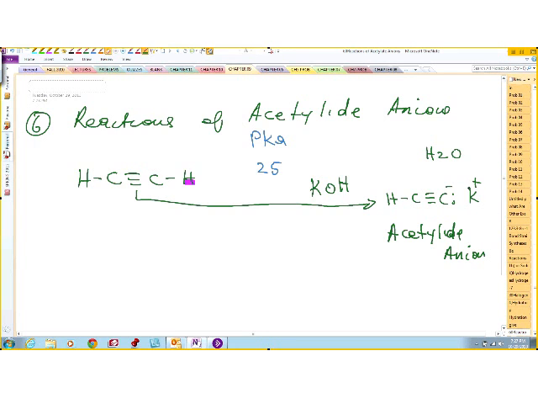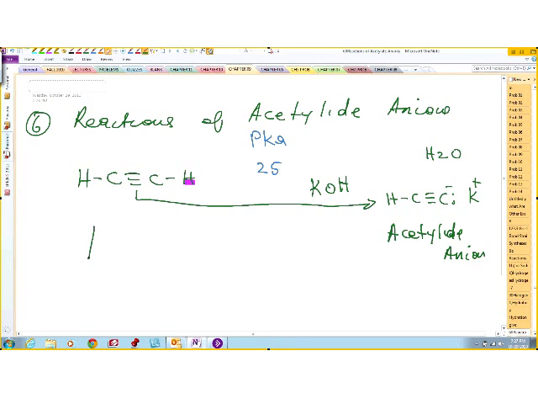And plus water. So what is the big plus? No, it's an ion. It's almost like sodium chloride. You have the potassium ion with the acetylide anion, negatively charged and positively charged. It's like any salts, they are bonded together by electrostatic attraction. They are ionically bonded, just like your table salt.